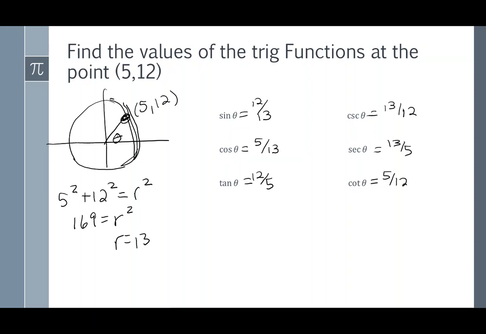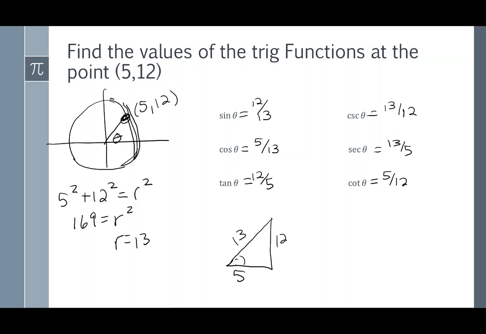In case it helps, I thought I would point out this connection between using a unit circle and maybe some right triangle trigonometry that some of you may have seen in the past. So just real quick, when we look at our triangle, the x value 5 is across the bottom, the y value 12 is across the top, like going up, and the 13 would be the hypotenuse.